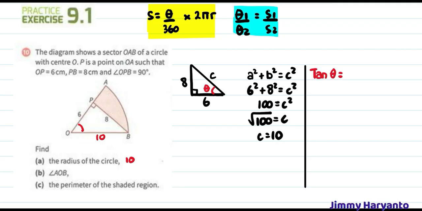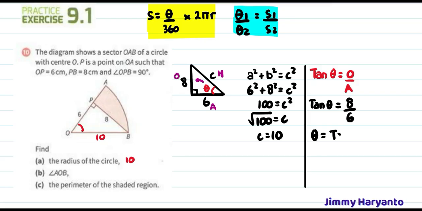So tangent theta equals, the formula is opposite over adjacent, right? So this one will be the opposite, this one is the adjacent, this one is the hypotenuse. That also means tangent theta equals, the opposite is 8, the adjacent is 6. So theta itself is tan to the power of -1 of 8 over 6.